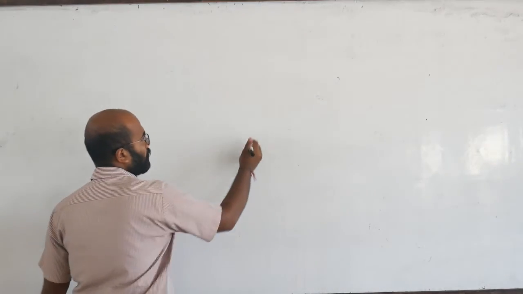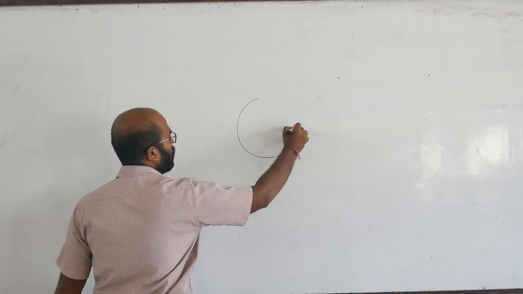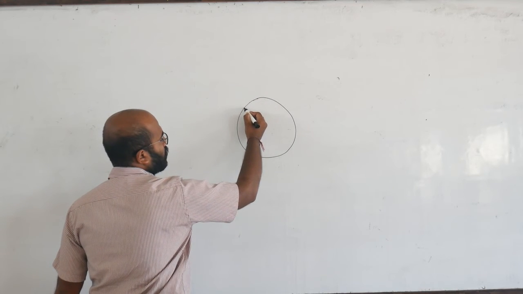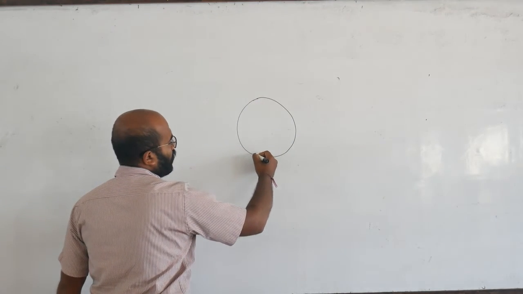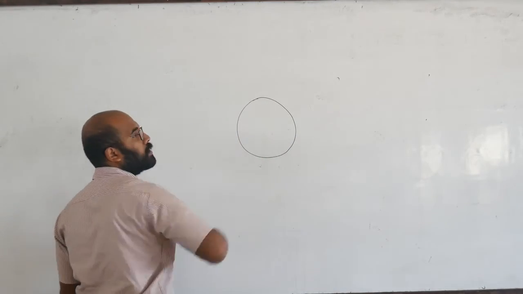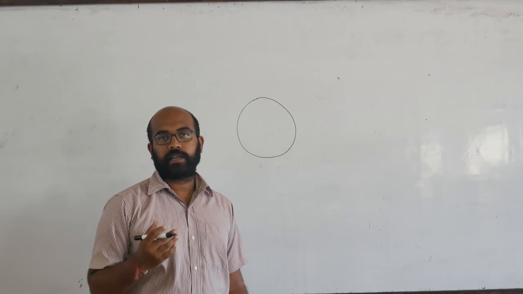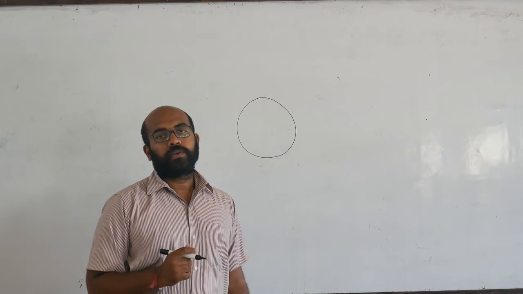So we have a circular path. If an object travels with a uniform speed along the circular path, then we call it uniform circular motion.